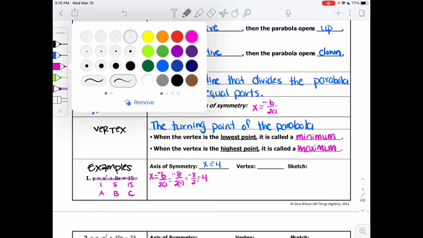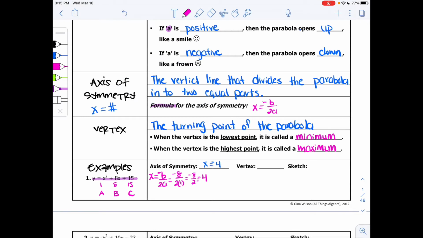So now let's calculate our vertex. y equals x squared plus 8x plus 15, and then replacing our x's with negative 4. So negative 4 squared, put it in parentheses, plus 8 times negative 4 plus 15.